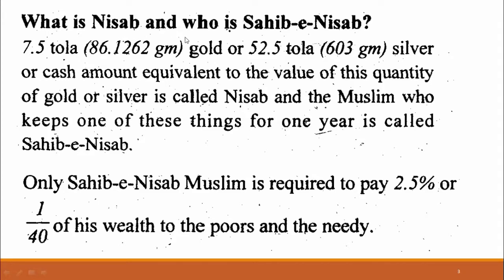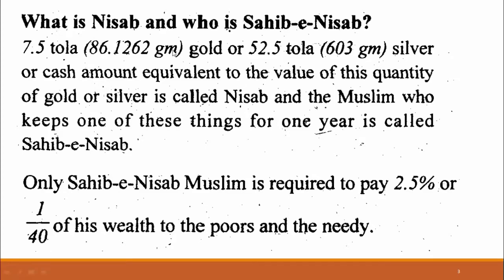What is nisab and who is sahib nisab? 7.5 tola means 86.1262 gram gold, or 52.5 tola means 603 gram silver, or the cash amount equivalent to the value of these quantities of gold or silver is called nisab for the zakat, and the Muslim who keeps one of these two things for 1 year is called sahib nisab for zakat.